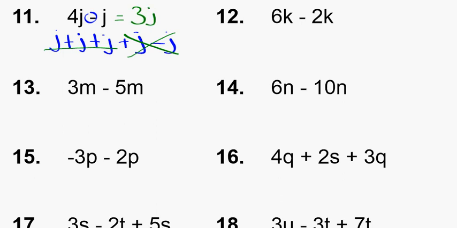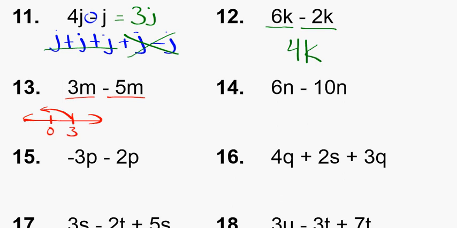So if I have 6K minus 2K, all I do is change the coefficient to 4. Over here, I've got 3m minus 5m. Now remember your integers. If you're at a positive 3 and I subtract 5, I'm going to end up on the other side of 0.